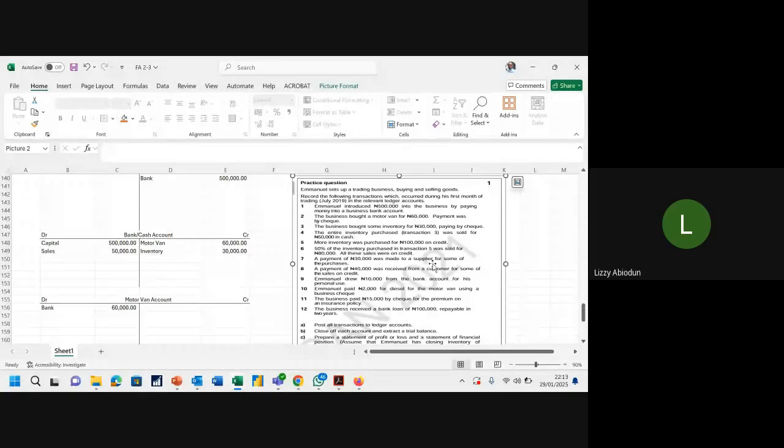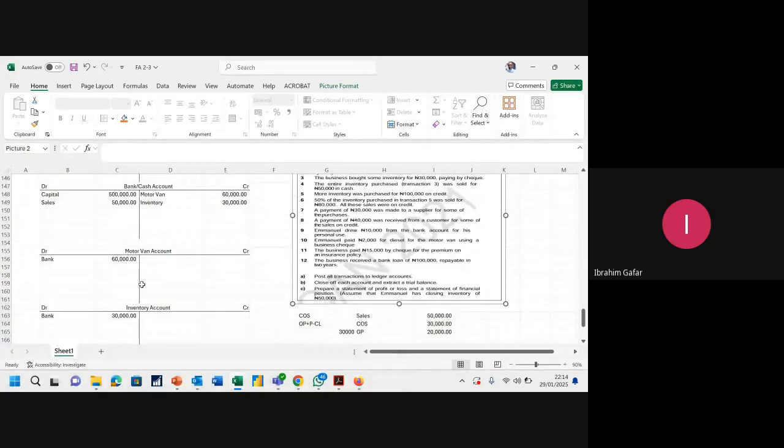Okay, you are opening the inventory account and the credit account. What's the credit account? Account payable. Or is that bank or cash?